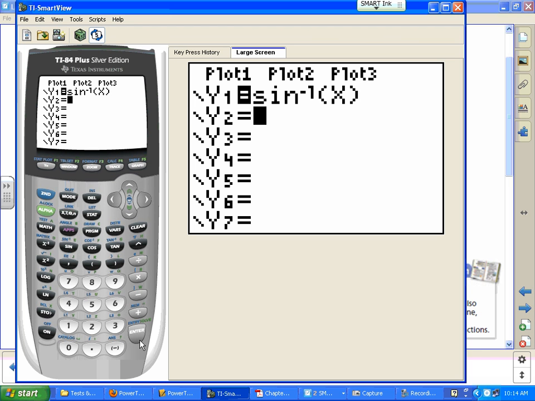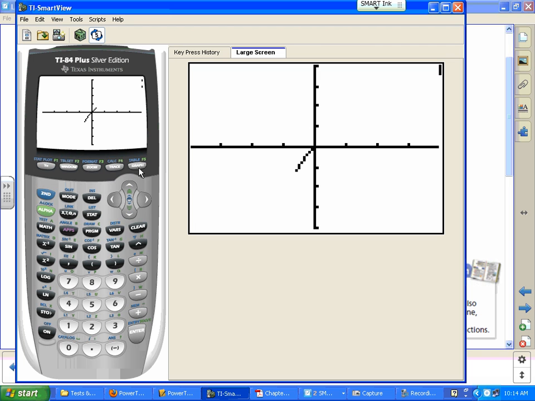Okay? And then go ahead and graph that. So you're hitting second sine and then x. Okay? If we graph that, all we have is that little part there. Okay? Because if we went any farther than that, it wouldn't be a function anymore. Because the graph would have to turn back this way and go back that way and so on. Okay? And we would no longer have a function.